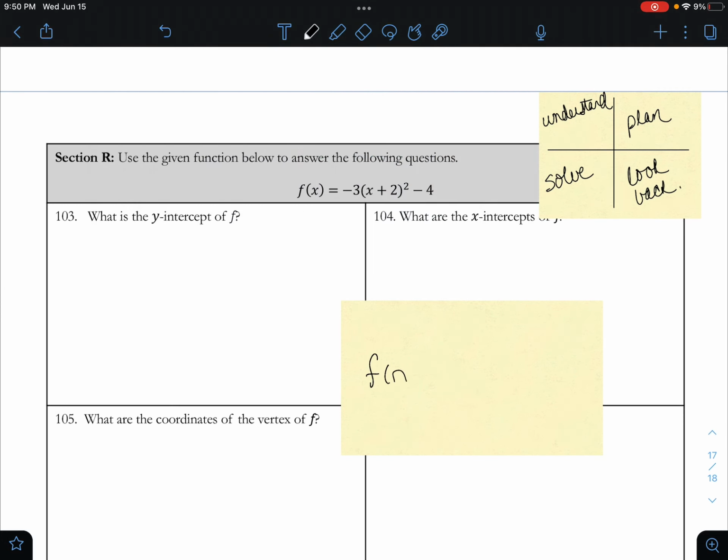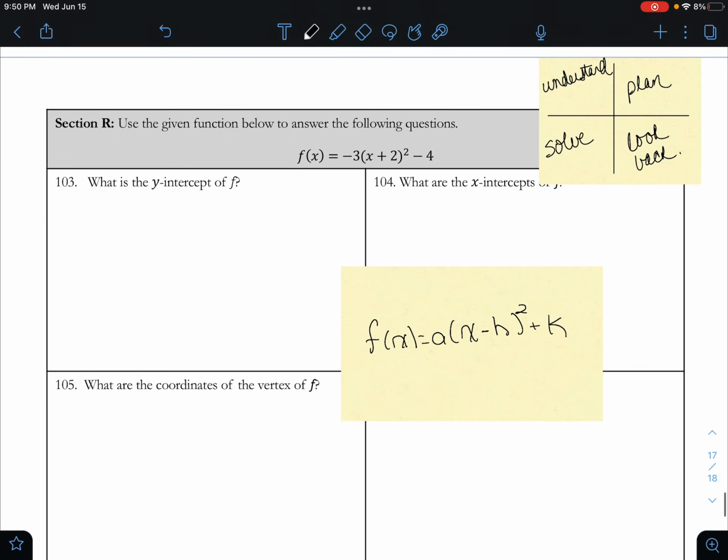Okay. We have f of x is equal to some constant times (x minus h) squared plus k. Now that's a standard parent function, and if I look at the original function, I can see here's my constant, here's my x minus h, and I'm not worried about the fact that that's a plus 2.